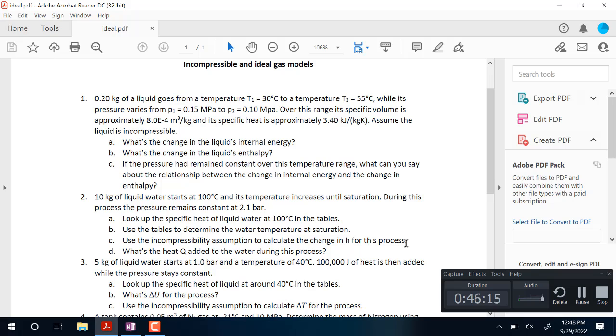So use the assumption of incompressibility of this liquid to calculate the enthalpy change for this process. And then what's the heat added during this process? So what's the amount of energy that you have to add to this water to take it, this 10 kilograms of water, to take it from 100 degrees Celsius to its saturation point?